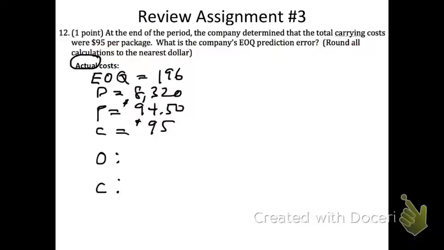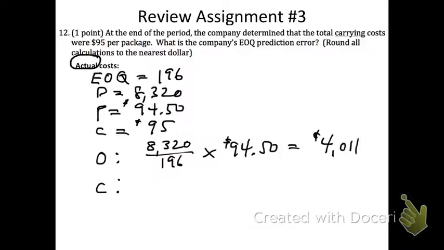So our ordering cost, again, based on the demand and how much we ordered each time, times the ordering cost per order. And so this is still the 4,011, but our carrying costs, we still had the 196 in, every time we ordered, we received 196 packages.